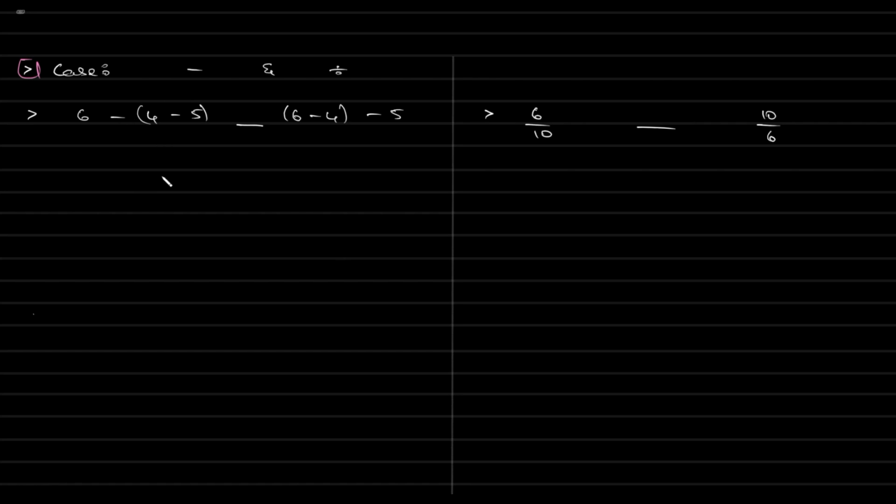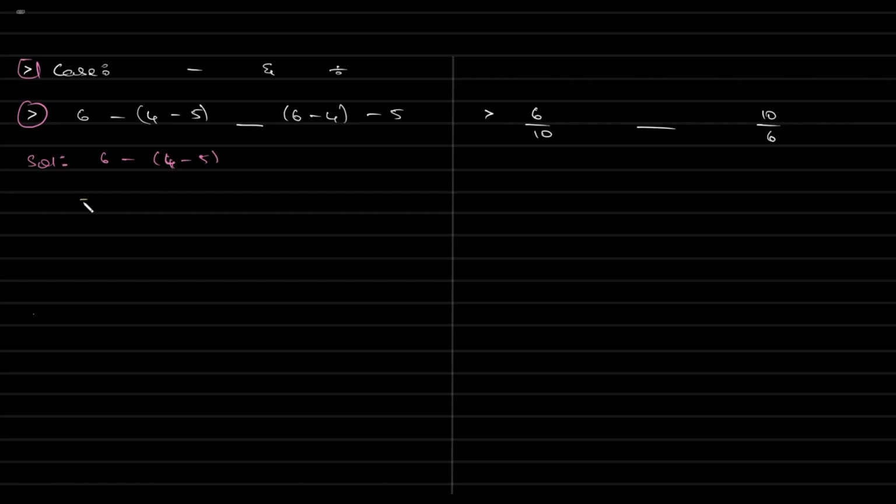Okay. So they're not negative, they're positive 6, 4 and 5. And the operation between them is subtraction. And here we have, let us see what answers do we get. Of course they won't be the same, but let's check.